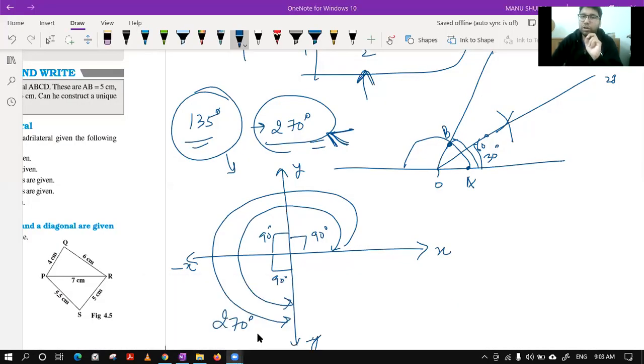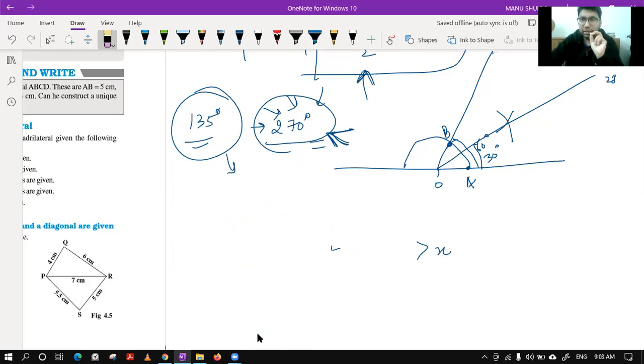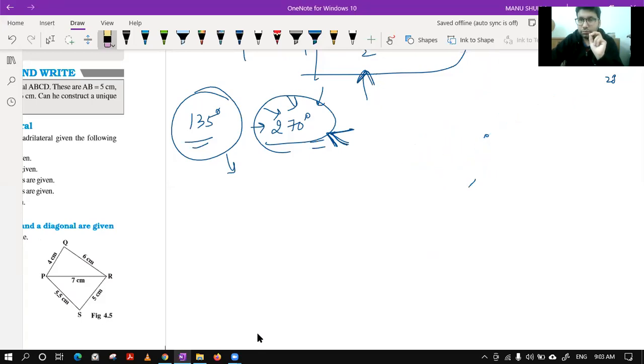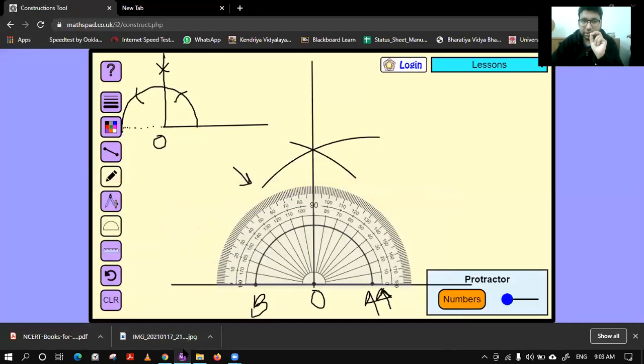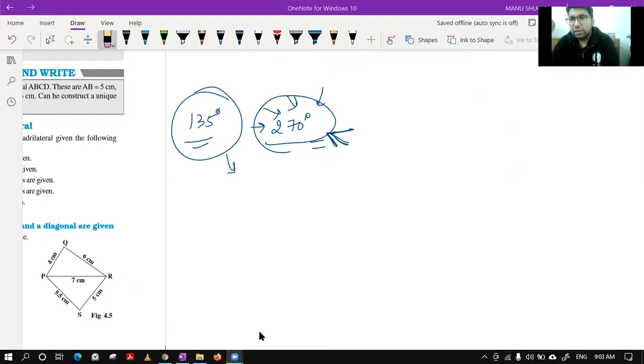Please let me know which two angles can be added to get the sum equal to 270 degree. Class, please help me.